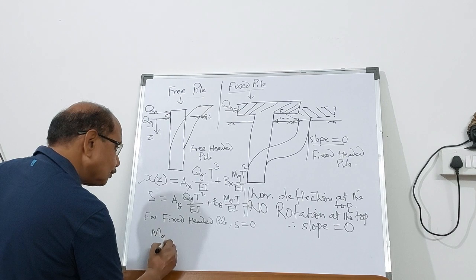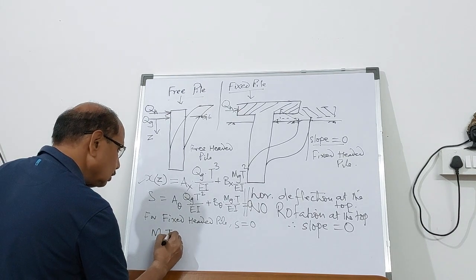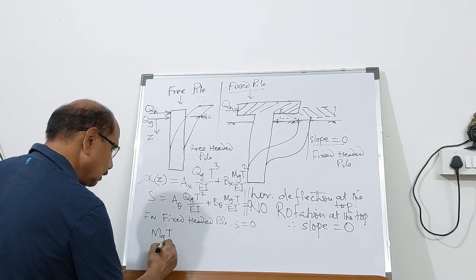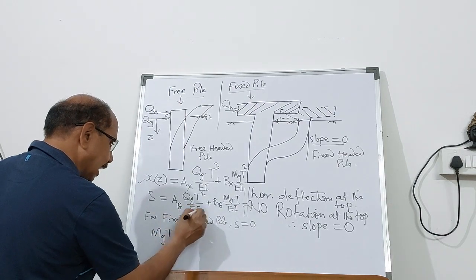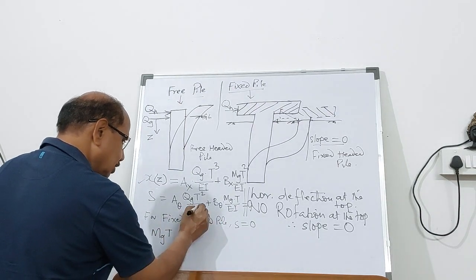Mg into T, EI can be cancelled out since slope is 0.